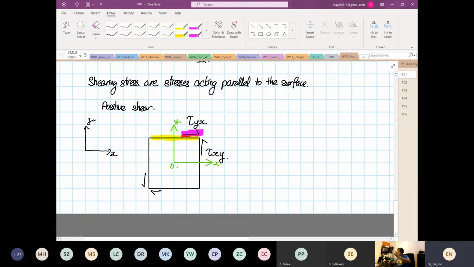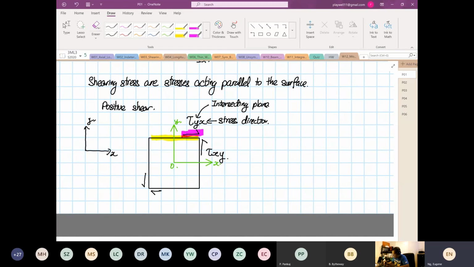So the first term is the intersecting plane, and the next one is the stress direction. It is always the intersecting plane first and then the stress direction. This is known as positive shear.